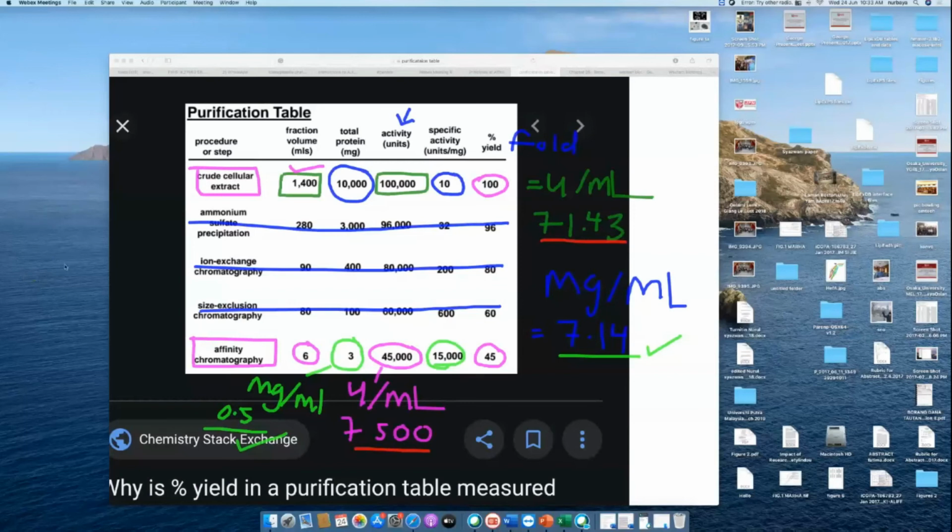Just imagine, I'm going to use this red color. Imagine in this container, of course, you will have your protein. For example, this is 1 milligram of protein.